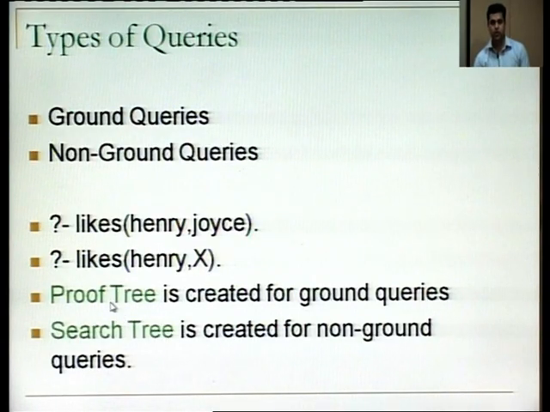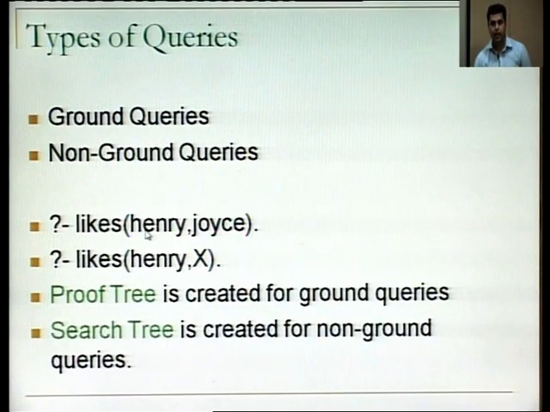And what your Prolog interpreter does, it creates a proof tree if it is a ground query, and it creates a search tree if it is a non ground query. Proof tree means you are given the constant values, you want to prove it. Can anybody tell me what will be the format of the answer for this particular ground query?